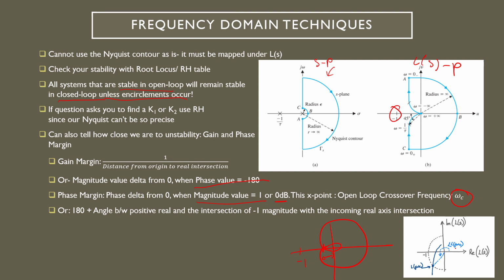So this angle is equal to the phase margin. This angle is 180, so this delta PM is equal to 180 plus angle L(j omega C). So quick formula for you guys. I couldn't figure out how to explain it in words, so that's why I have this picture over here.